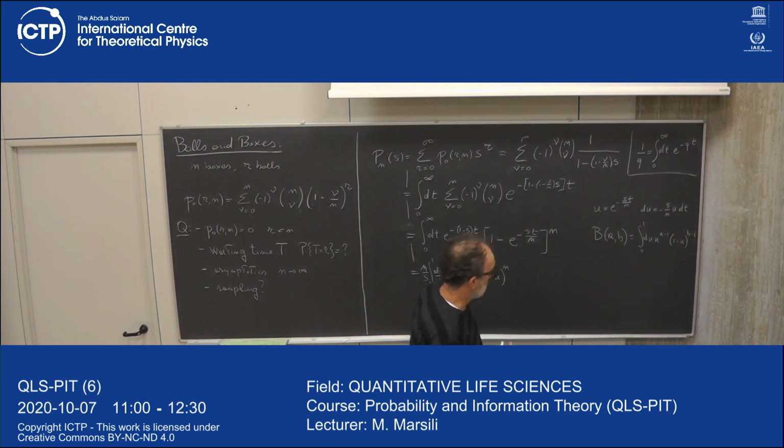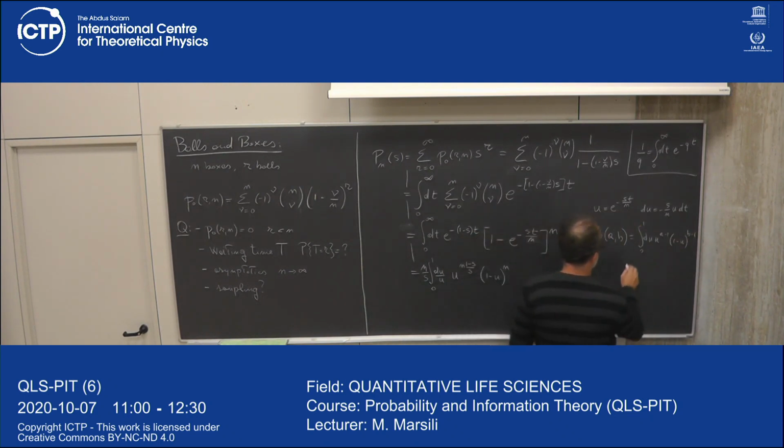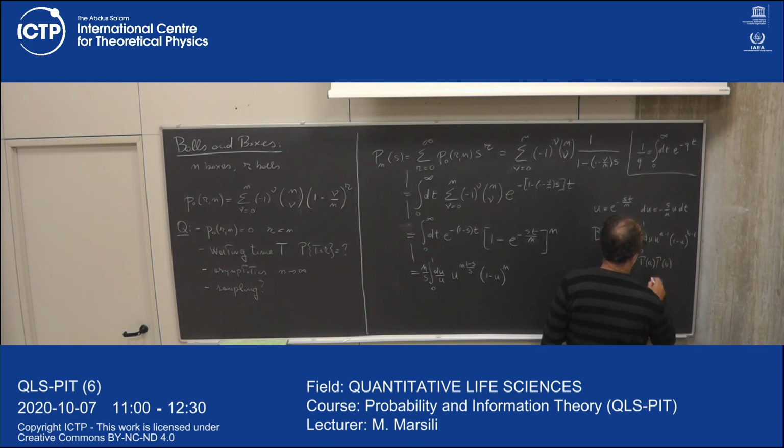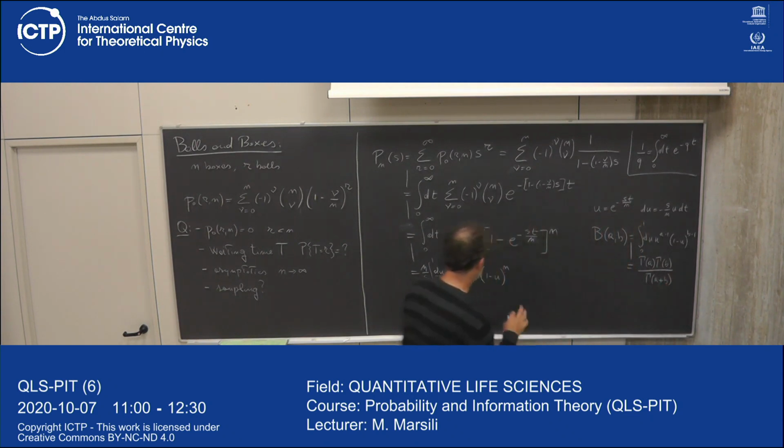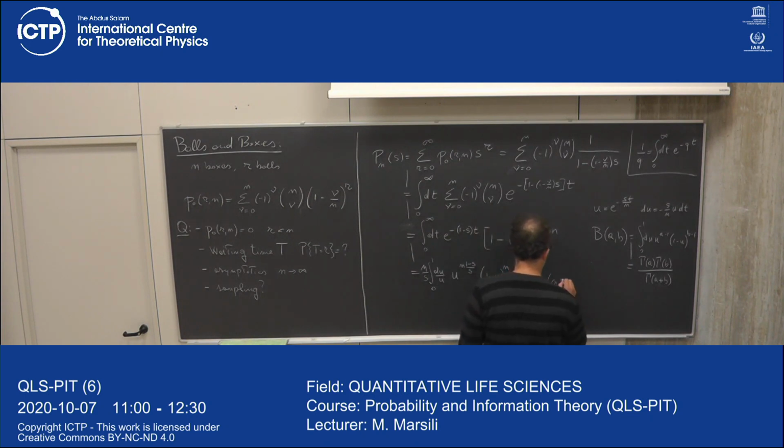And the beta function can be expressed in terms of the gamma function as gamma of a times gamma of b divided by gamma of a plus b. Okay, so what you see from this is that this integral becomes just n over s times the beta function of n times 1 minus s over s and n plus 1.